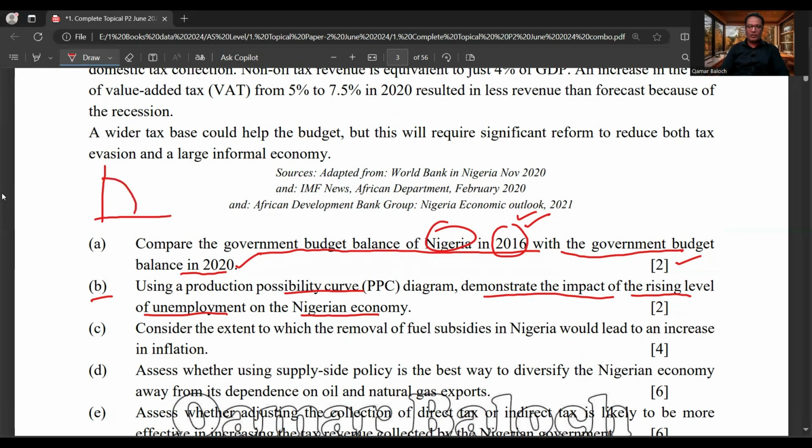You will label X good on the X axis and Y good on the Y axis, or any other two goods. Let's say initially the economy of Nigeria was operating at point A. If there is an increase in unemployment, then we will move inside the PPC from point A to B, let's assume. Keep in mind, unemployment does not shift the PPC to the left; rather, the PPC will stay in its place and there will be a movement inside the PPC.